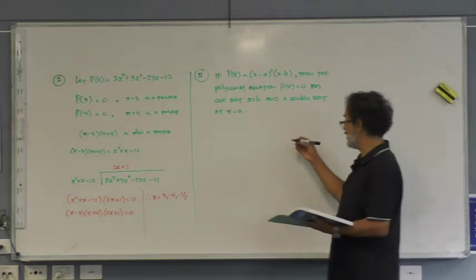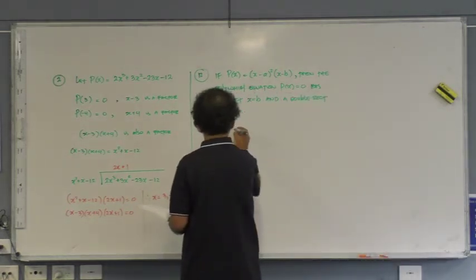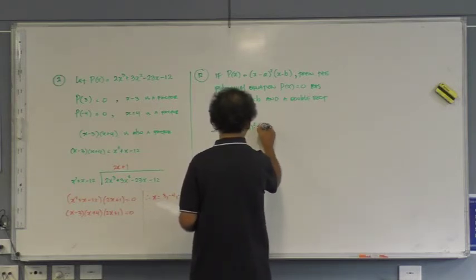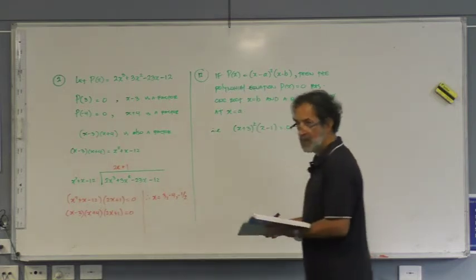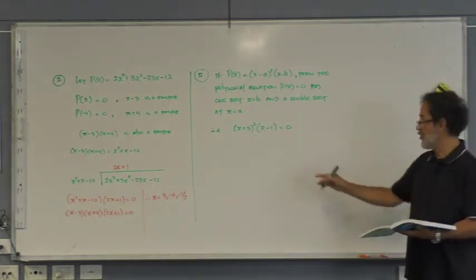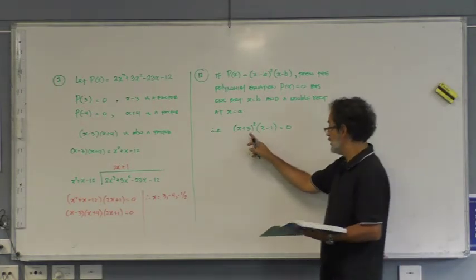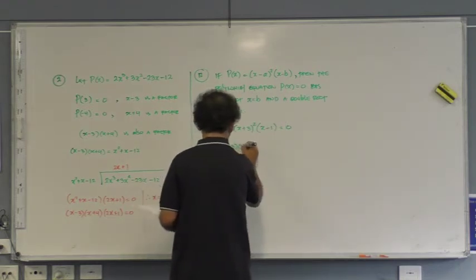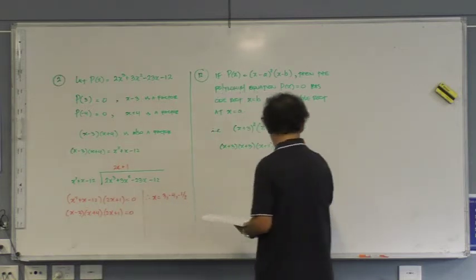For example, let's say that you have x plus 3 squared, and then x minus 1 equals 0. So in here we have x plus 3, x plus 3, and then x minus 1 equals 0.